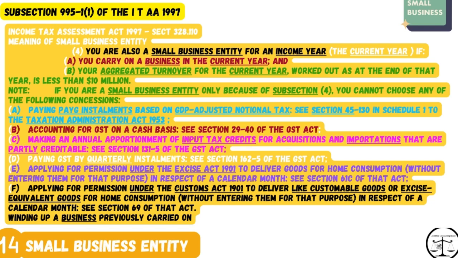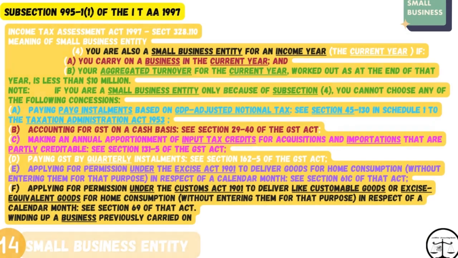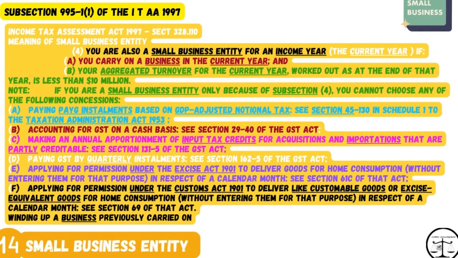E. Applying for permission under the Excise Act 1901 to deliver goods for home consumption, without entering them for that purpose, in respect of a calendar month. See Section 61C of that Act. F. Applying for permission under the Customs Act 1901 to deliver like customable goods or excise equivalent goods for home consumption, without entering them for that purpose, in respect of a calendar month. See Section 69 of that Act.